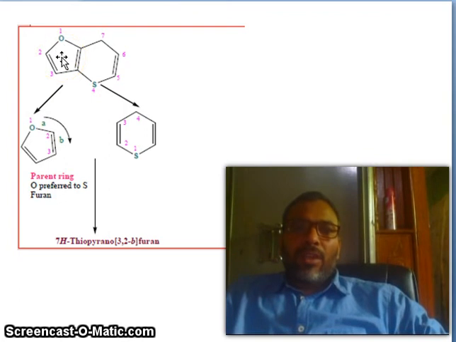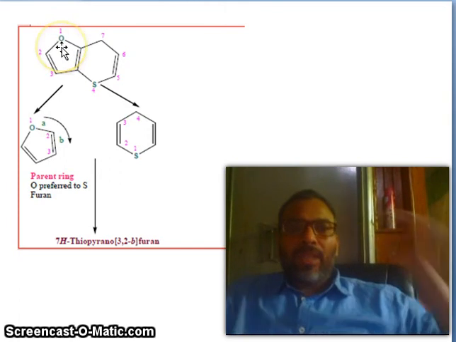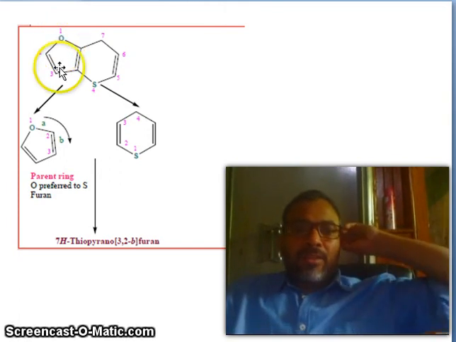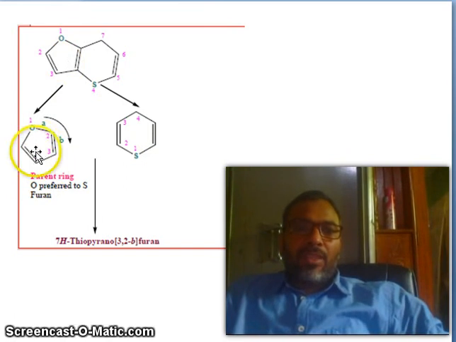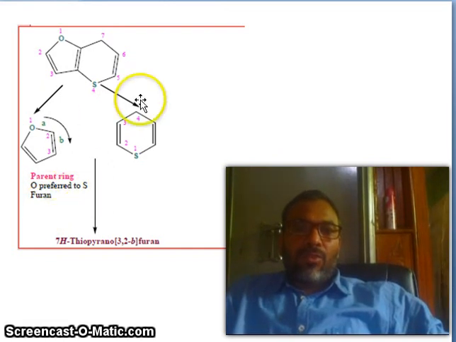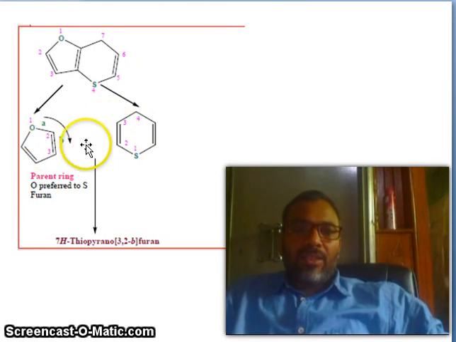So according to the priority order, nitrogen, then oxygen, then sulfur, this ring has more priority than this ring. So this one is the parent ring. O is preferred to sulfur, furan. So do the nomenclature of the minor, and that is the parent.